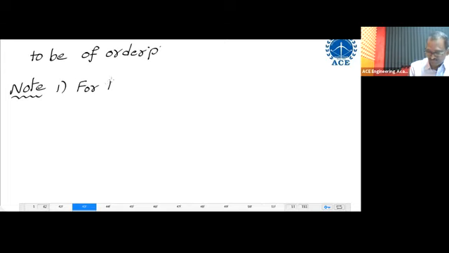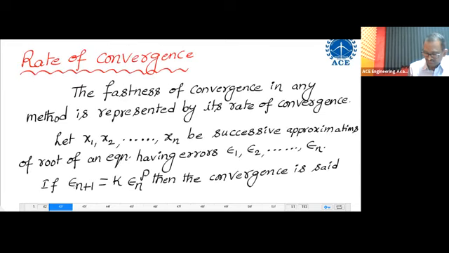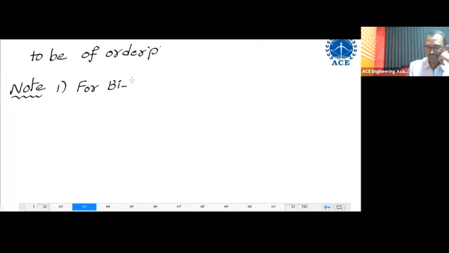Now for the bisection method, I gave the direct formula. We have a derivation. By deriving that, for the bisection method we get the error value at n plus 1th approximation is equal to some constant into the error value at nth approximation power 1.